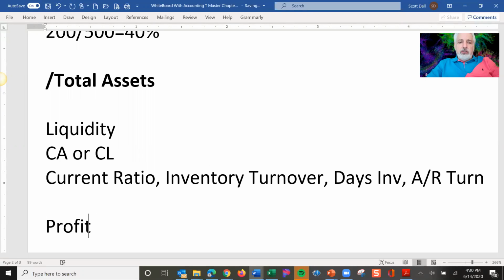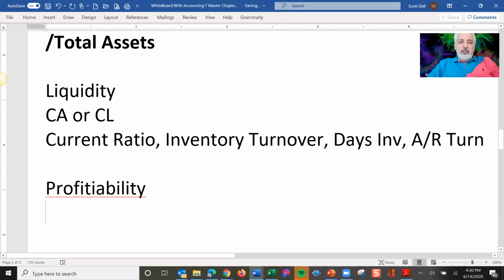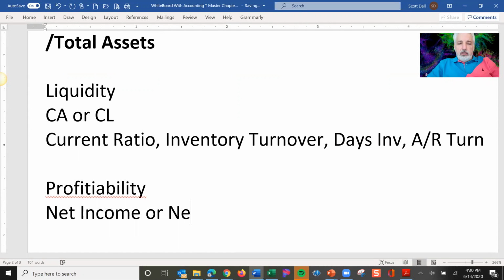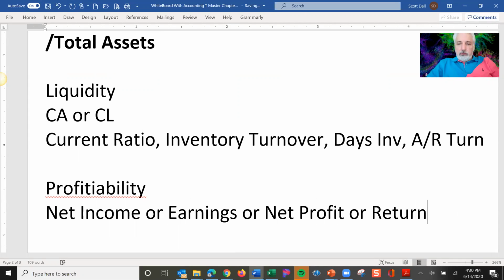When I look at profitability ratios, I'm going to look at anything that has the words net income or net earnings or just earnings or net profit or return.